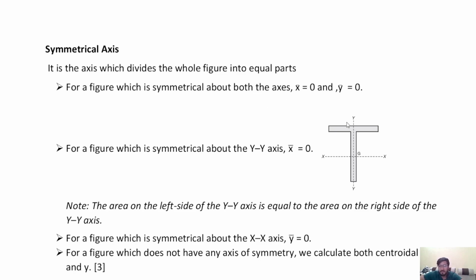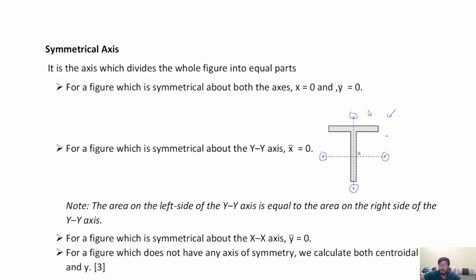That means in this figure, this y axis is the symmetrical axis because this y axis divides the whole figure into two equal, same parts. But in this figure the x axis is not a symmetrical axis because this x axis does not divide the whole figure into two equal parts.